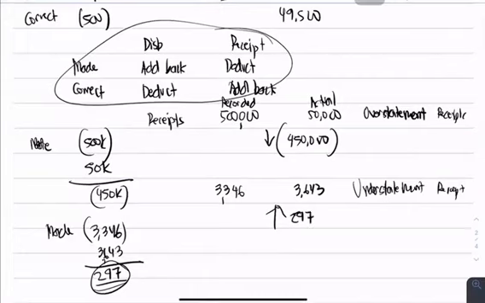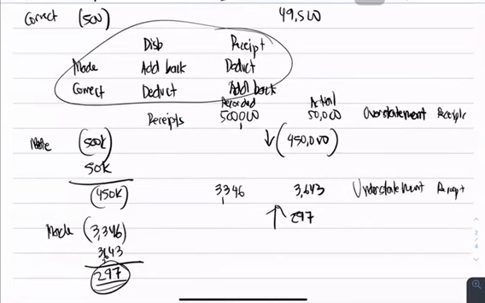297. Again, if ever it is an error, guys, you just need to know who made the error. Is it the book or the bank? And whoever made the error, dun ninyo siya i-increase or i-decrease. So what is the effect of a disbursement error?